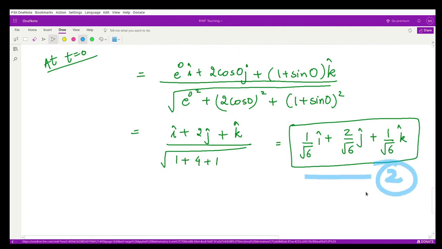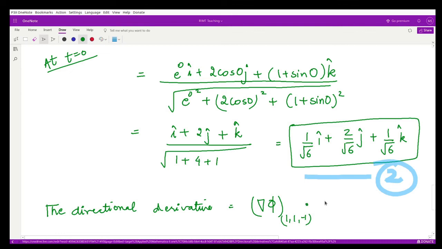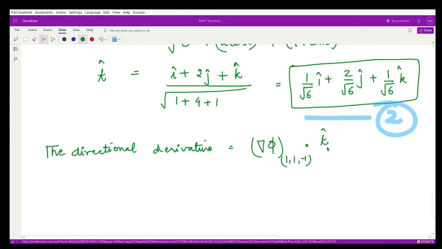So let me write down the directional derivative: it would be equal to the gradient of phi at the point (1, 1, -1) dot product with this vector t cap, the unit vector in the direction of the given tangent.